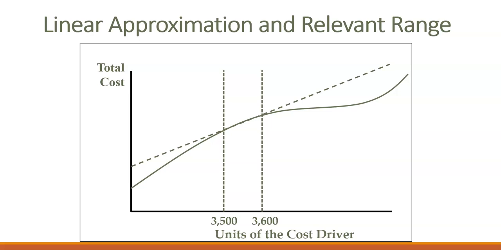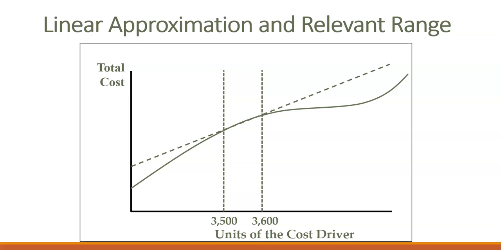However, there always comes a point of production at which we would need to increase fixed costs. So when we talk about fixed costs remaining exactly the same and unchanging, that is within a relevant range of production.